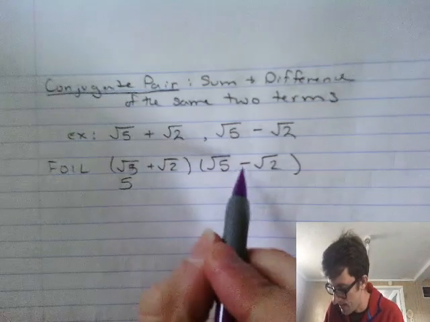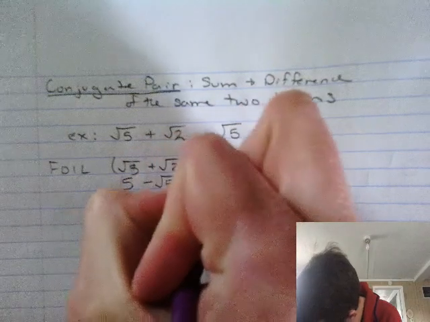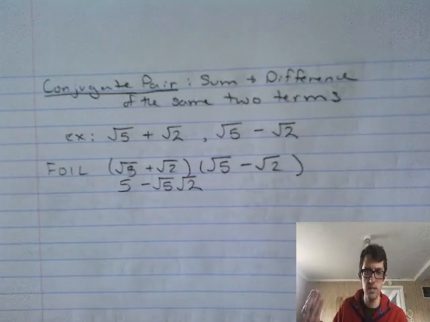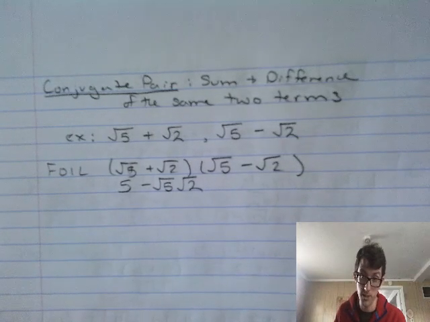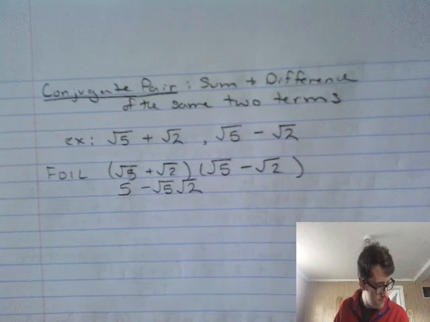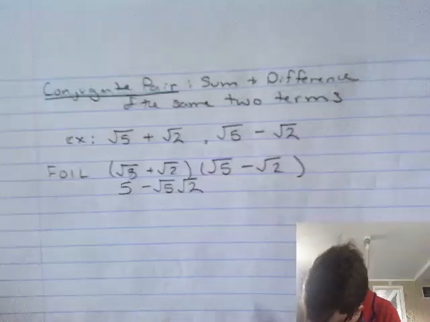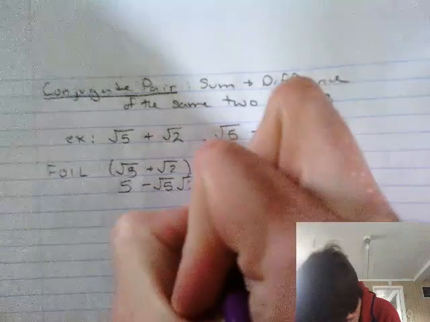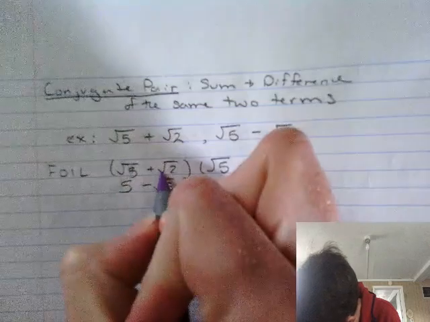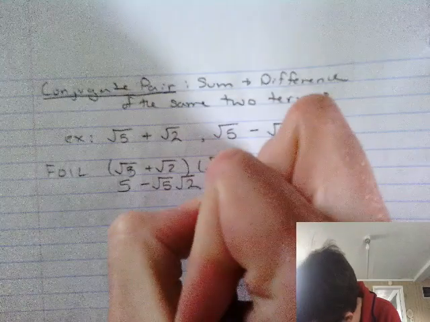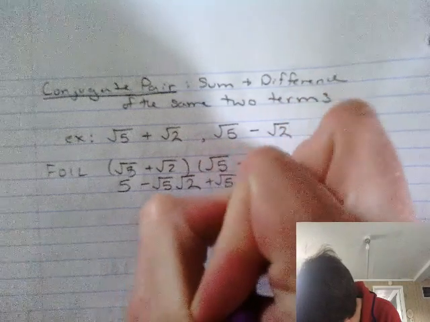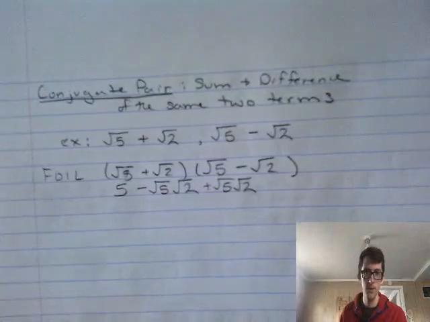Now, outside, the square root of 5 times the negative square root of 2 would be minus square root of 5, square root of 2. We don't need to put them together to make the square root of 10. And then the inside, square root of 2 times the square root of 5 is positive square root of 5, square root of 2.